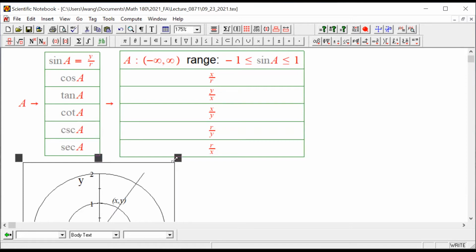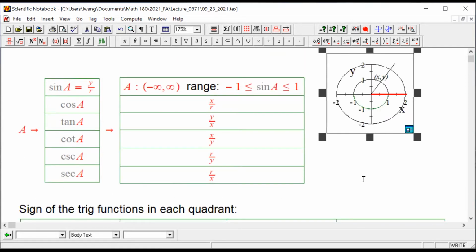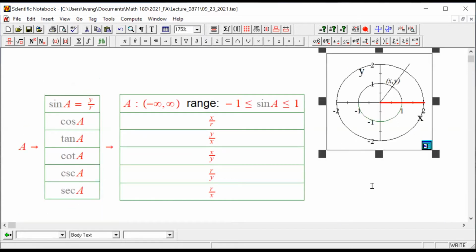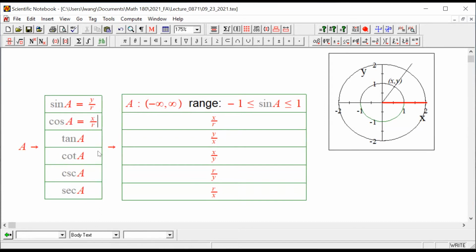Professor, one comment or question regarding the domain of sine A, which is negative infinity to infinity, right? Since the input domain is the angle, any angle, any values, maybe it's a good idea to add the unit, because angle would be measured in degrees or radians, so that helps the students remember.